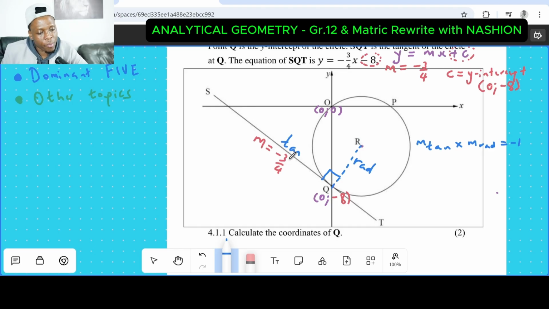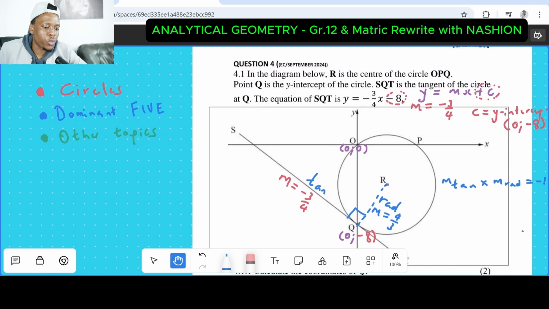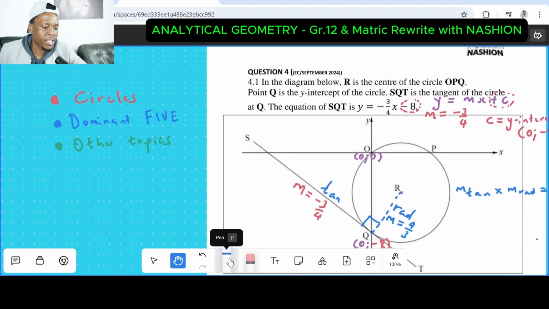Which number do we multiply by negative 3 over 4 and get negative 1? We just switch the numbers and change the sign, and we are getting the gradient of the radius as positive 4 over 3. Now remember, as we do the questions, they will either be about circles directly, or the dominant 5, or application of other topics.